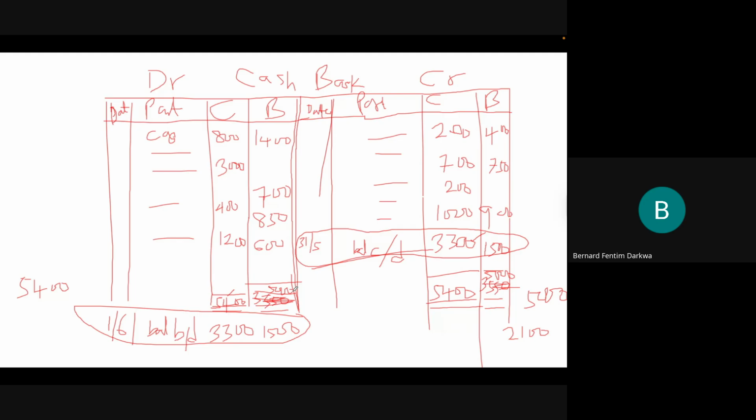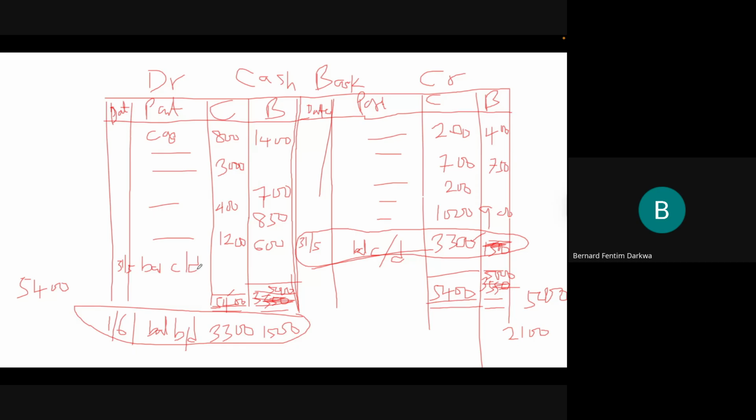So when you are balancing, you see that for the cash, the bigger side is here, so the balance CD is here, correct. But here, the balance CD will be dashed. There will be no balance CD here. But for bank, because this side is bigger than this one, you have to come here and write 31st May. There will be another balance CD here, because there's a bank overdraft.